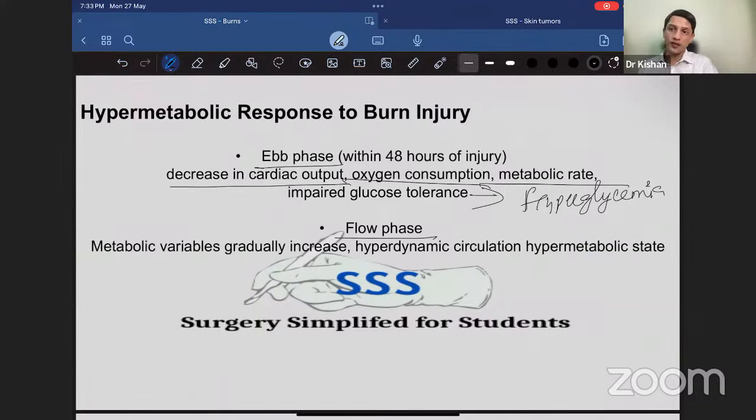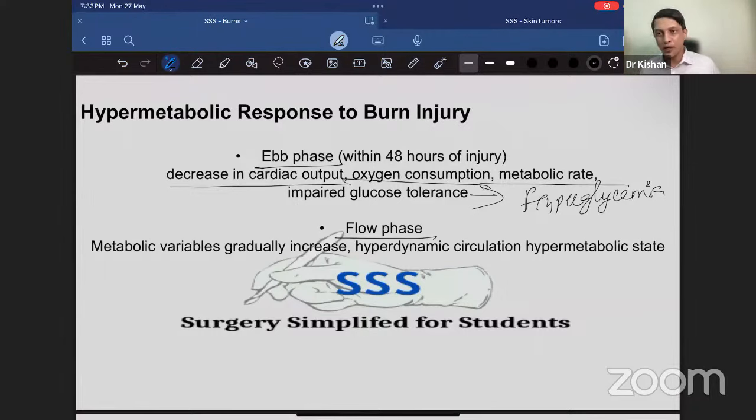Subsequently, in the flow phase, 3rd to 5th, 6th, 7th days, slowly everything starts settling down. Whatever variables have gone down, they start slowly increasing. Hyperdynamic circulation ensues, and whatever the metabolic rate had gone down, now it will be a hypermetabolic state.